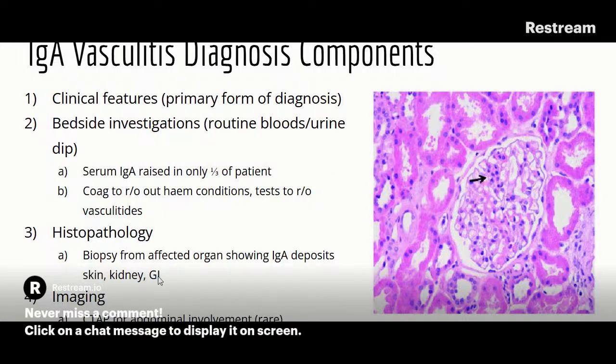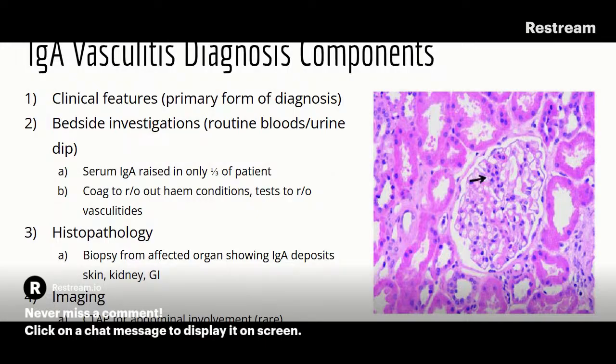If your diagnosis is not sure, if you're really thinking, this isn't fitting with vasculitis, this isn't a classic IgA, you could do a biopsy of the skin, of the kidney, of the GI tract, essentially looking for those IgA deposits, as you can see here from the arrow. If there's abdominal involvement and it's very severe, you could do a CTAP, but again, remember, these are kids that you're dealing with.